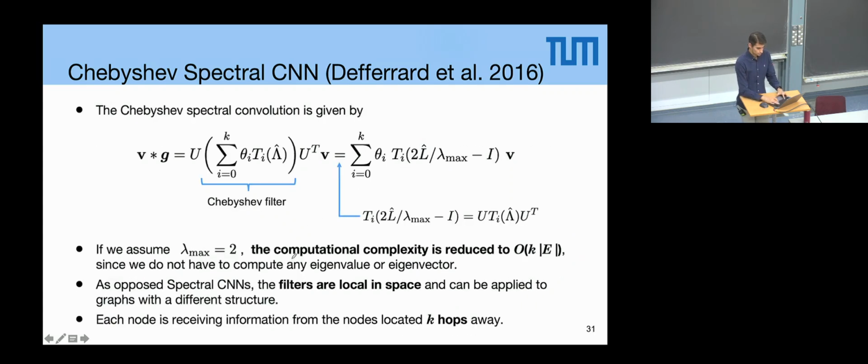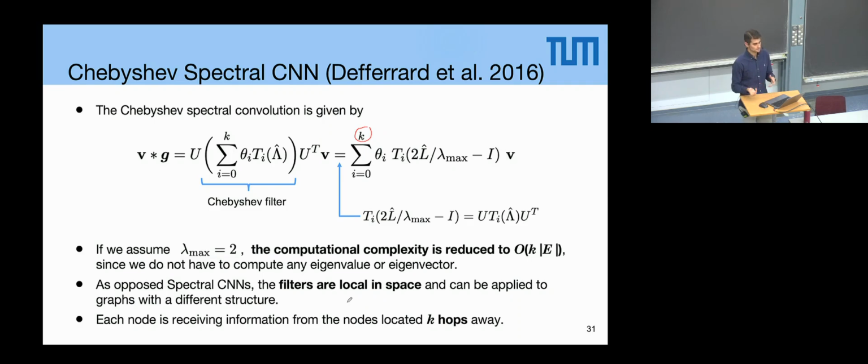And I will not show that, but this k value also corresponds to the size of the receptive field. So if k is equal to 1, then each node is getting information from its direct neighbors, from its neighborhood. If k is equal to 2, then it's getting information from its neighbors and also from the neighbors of its neighbors. So the larger k is, the larger the receptive field.